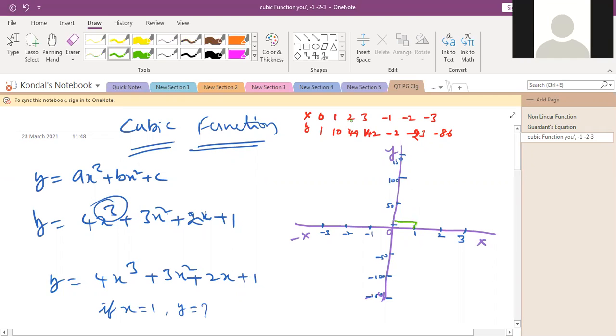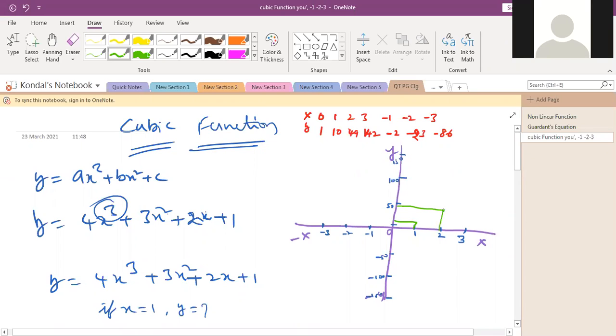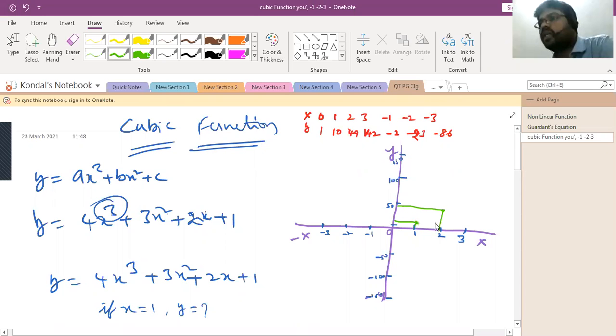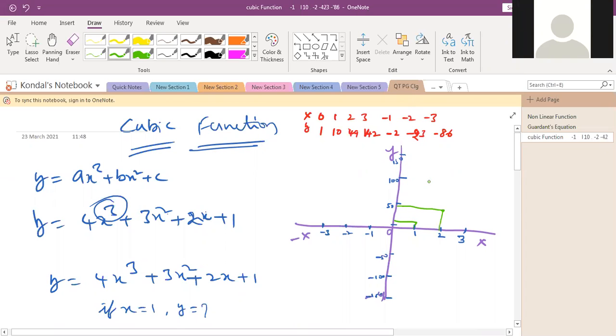Then x is equal to 2, 49. Okay. Then x is equal to 3, 149. Sorry, 142. 142. Yeah.